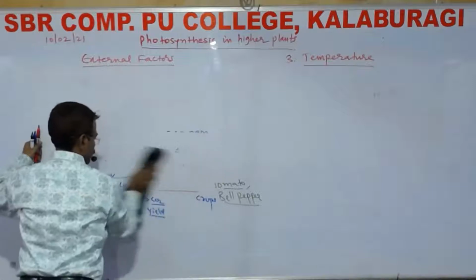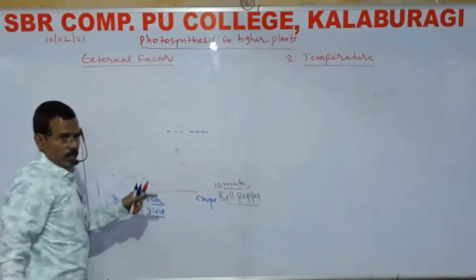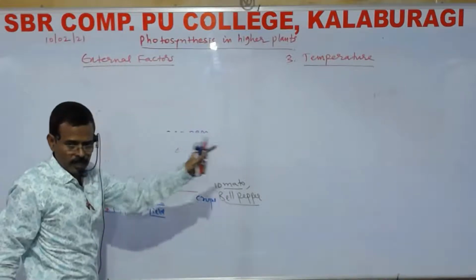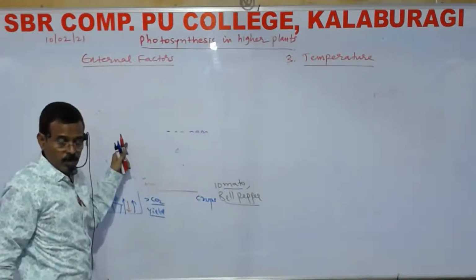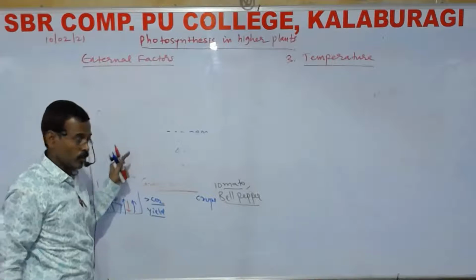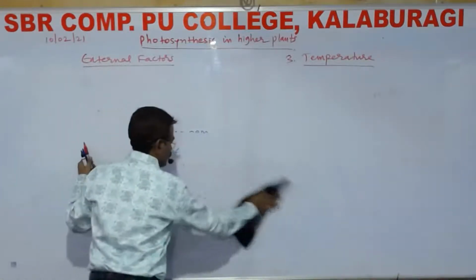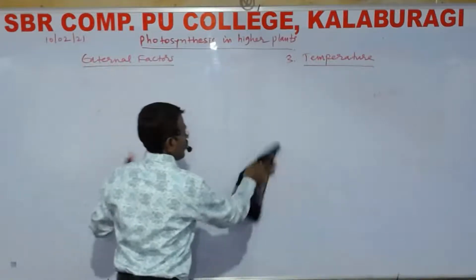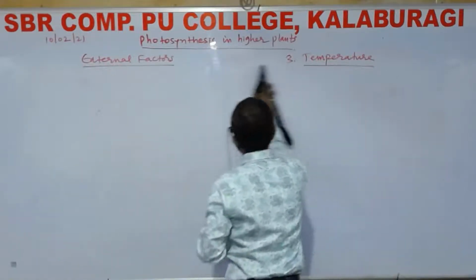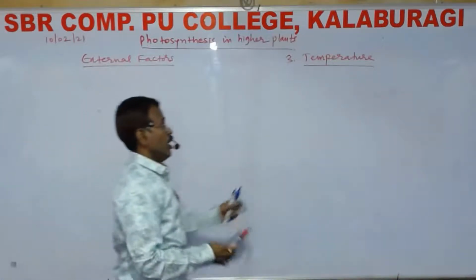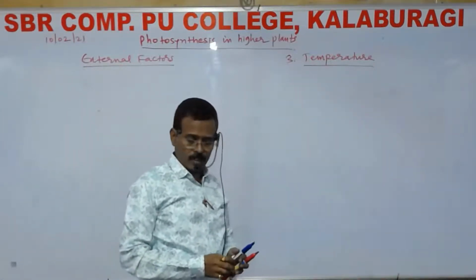Remember the carbon dioxide compensation point for C3 plants and C4 plants, and carbon dioxide saturation for C4 and C3. These values are important. Okay. Next, temperature.